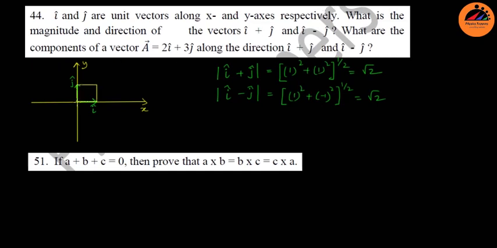So this is i cap plus j cap, and very similarly for i minus j, i cap minus j cap.